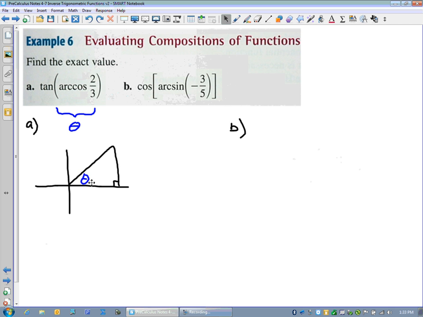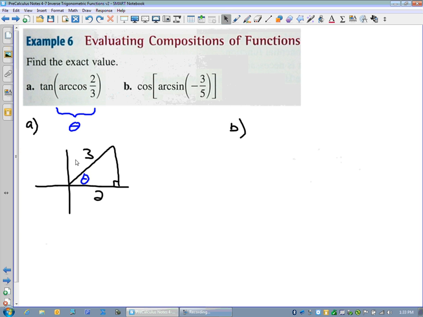And although I don't know what the value of theta is, I know that if I have a triangle where the adjacent is 2 and the hypotenuse is 3, then I would have an angle whose cosine would be 2/3. This is a right triangle, so we can use the Pythagorean theorem to find the other side. It's not one of our special right triangles, but leg squared plus leg squared equals hypotenuse squared.